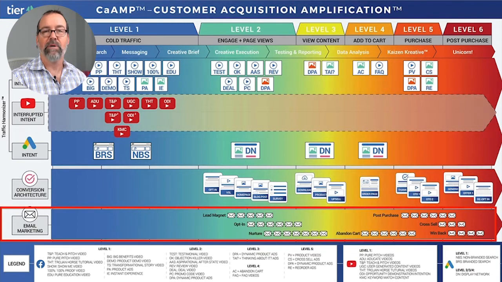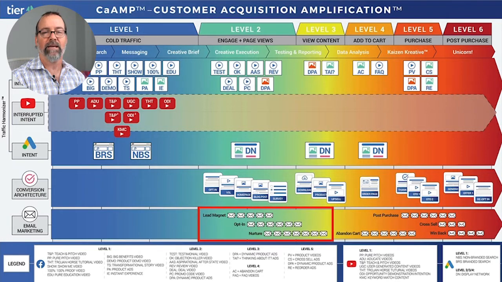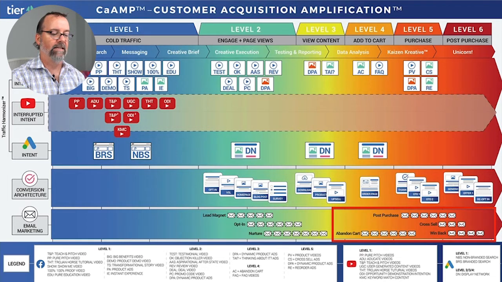On the very bottom part is the email marketing side, where we have engagement campaigns. Once they actually opt in, or maybe they haven't purchased quite yet, once they capture an email address, we can engage them with maybe a lead magnet, an opt-in campaign, or maybe just sort of a nurture campaign. And then the second section here is the abandoned cart sequence, post-purchase upsell sequences, cross-sells, as well as just win-back campaigns that we might use inside email marketing.